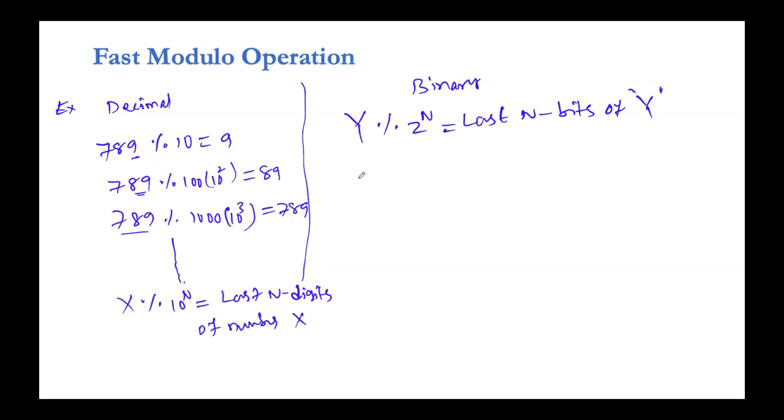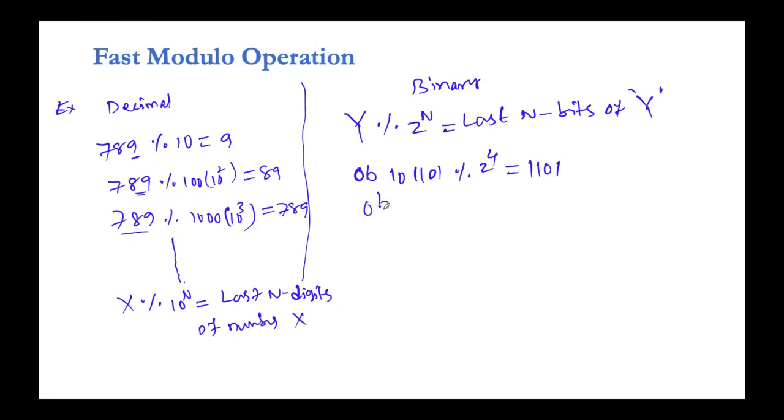For example, the binary number 101101 modulo 2 to the power of 4 takes the last 4 bits as the result, that is 1101.